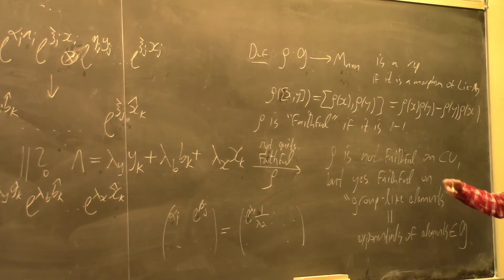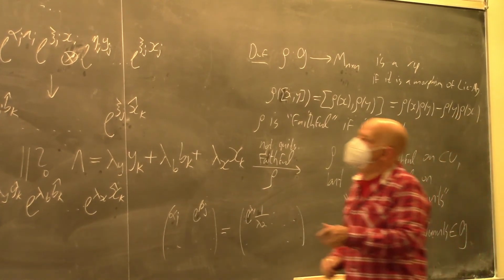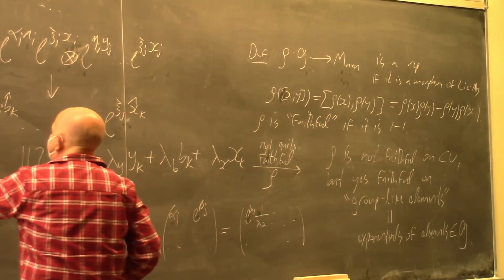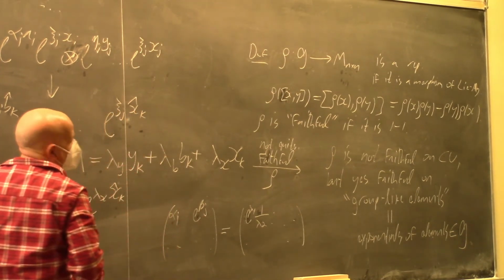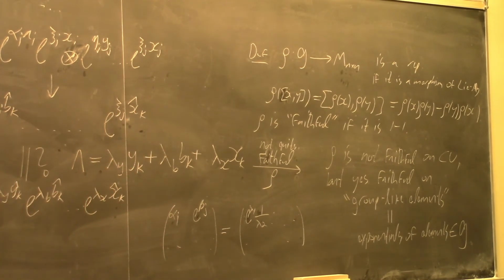So I owe you some proofs. First of all, why is this thing a group-like element? It's not an exponential. It's the product of 8 exponentials.